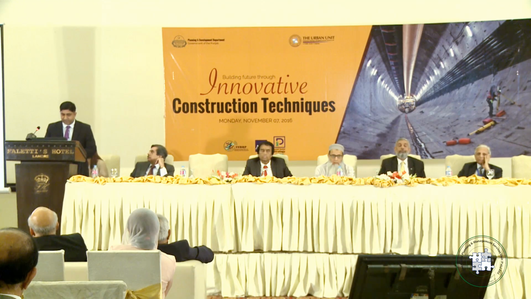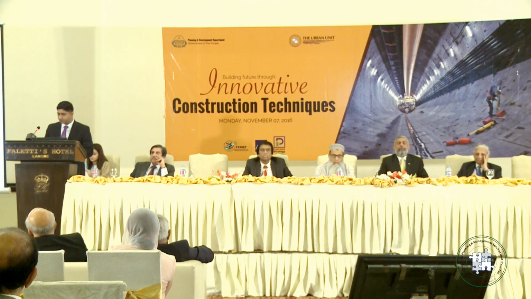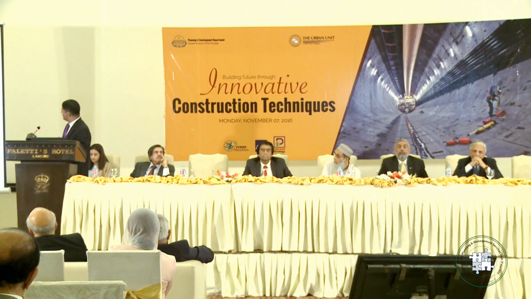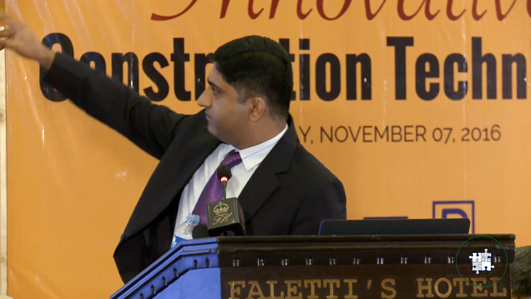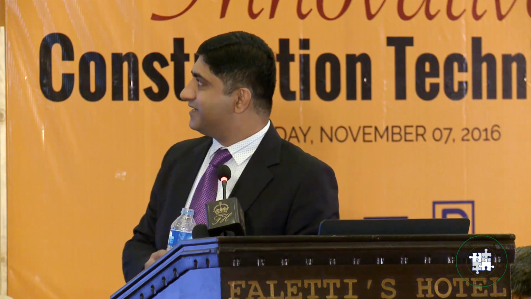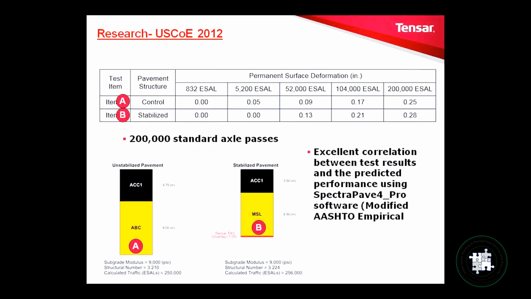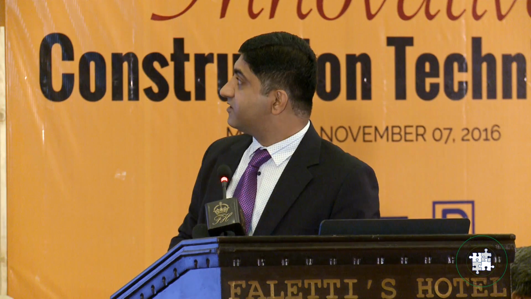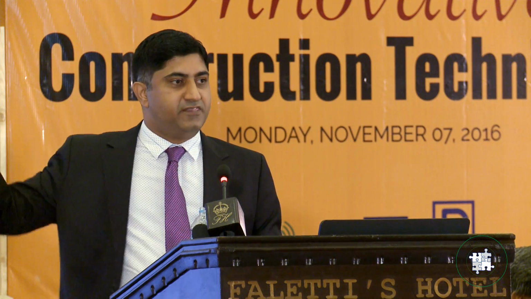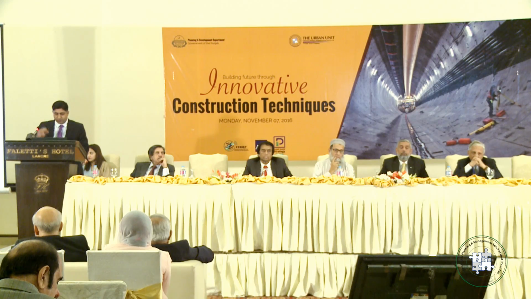And if we look at sections A and B, on the left hand side, the upper table, and then the last column, 200 E cells. And this 0.25 and 0.28 is deformation. After 200,000 E cells, the deformation of both sections, stabilized versus thinner stabilized versus thicker stabilized, is almost the same.